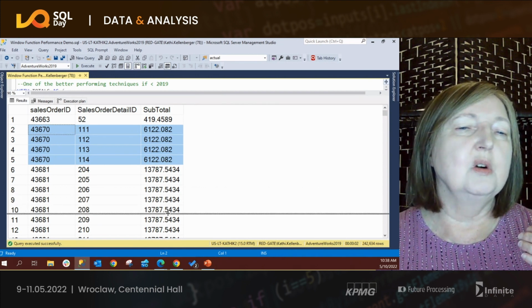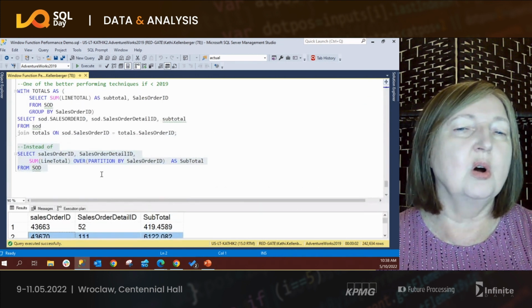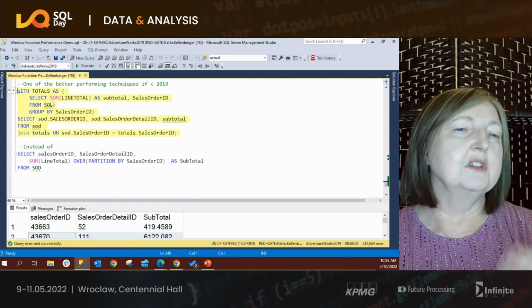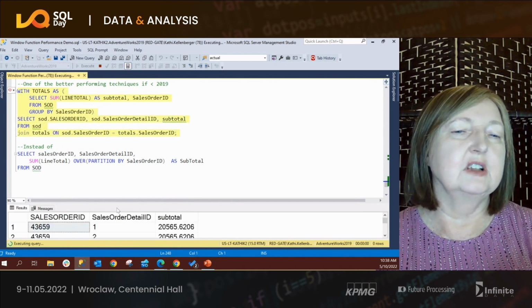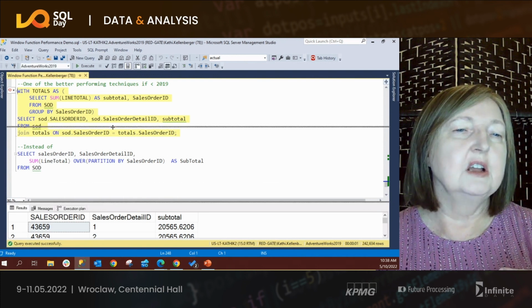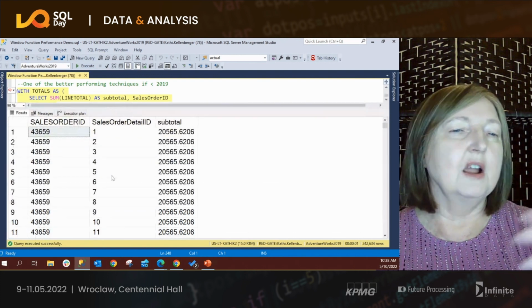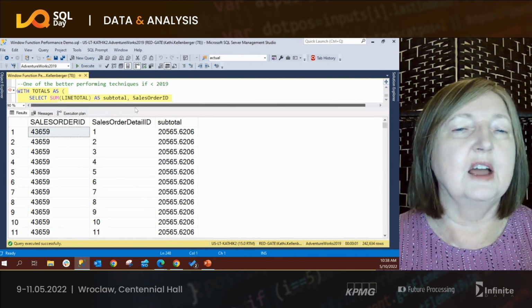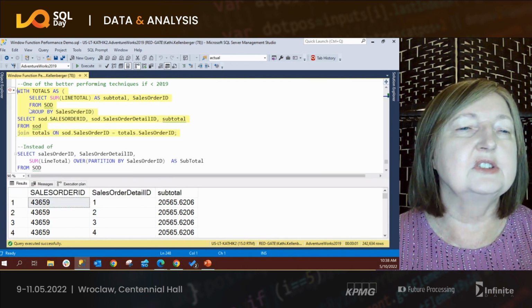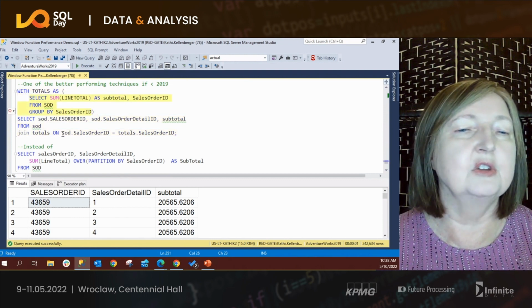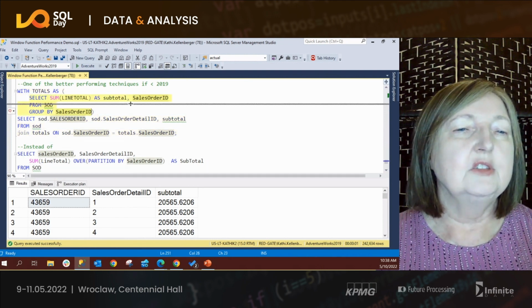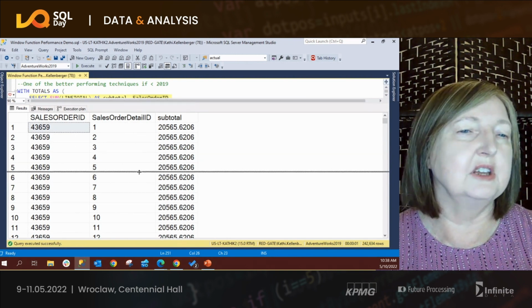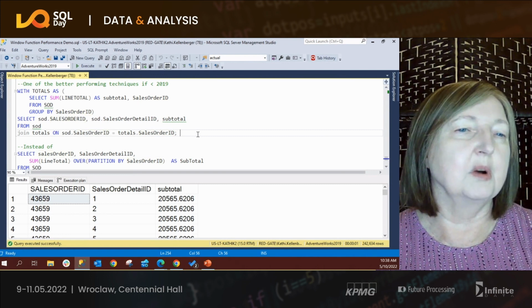If you see poor performance, you could always use one of the older techniques, like separating the logic out, something like this, with a common table expression or a derived query. You know, put this in a subquery down here. You could do that. Those are going to perform better until you get to 2019 and Enterprise Edition.